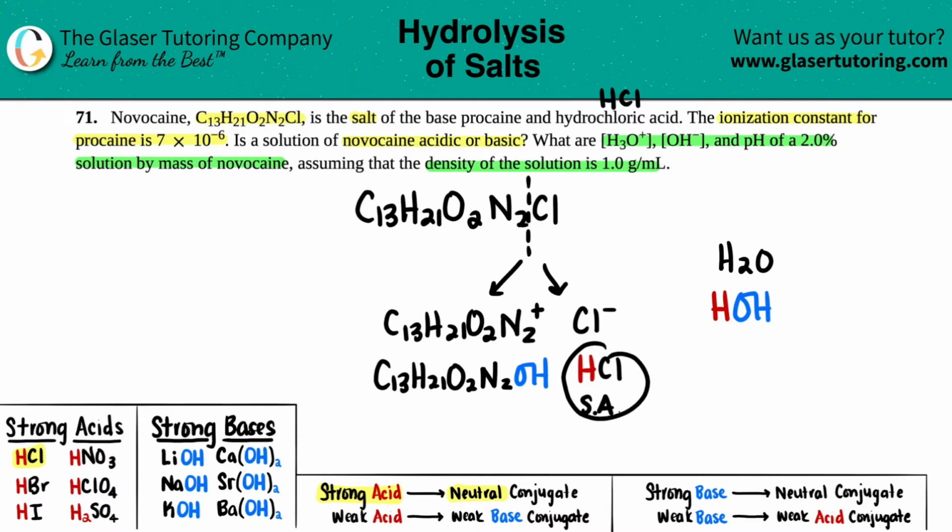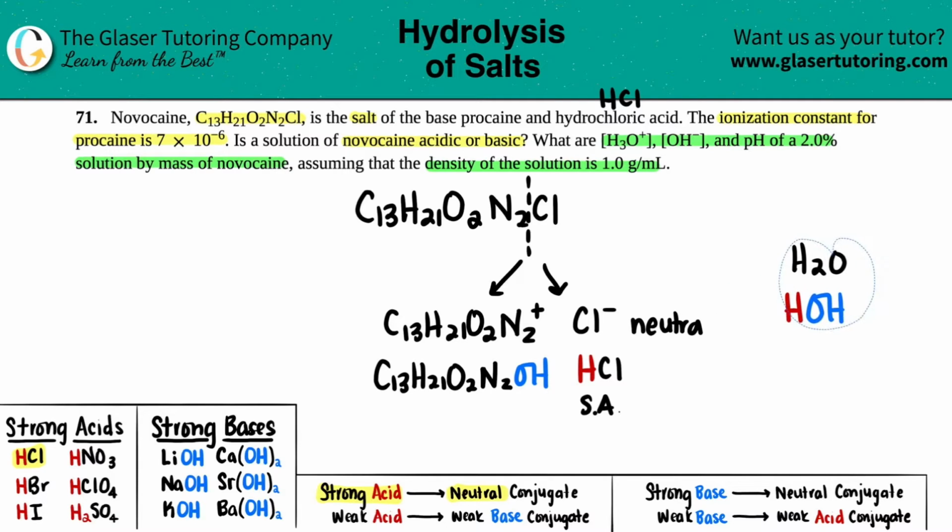So HCl is a strong acid, which means that this would have to be a neutral conjugate. And since it's neutral, I could basically cancel this out because it has no acidity nor basicity to it.